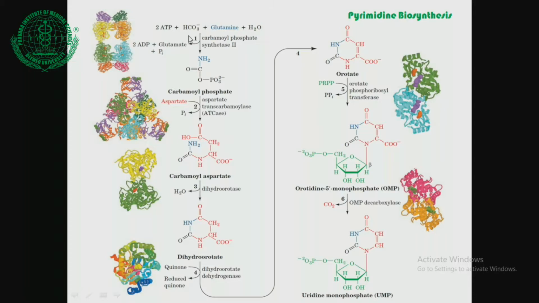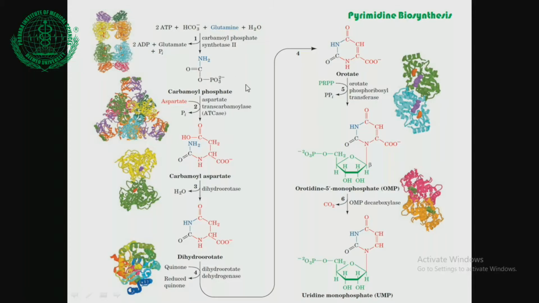Further, carboxyphosphate is turned into carbamate. A glutamine amide group is acting on carboxyphosphate, and that displaces the phosphate group and forms a carbamate. The carbamate is further phosphorylated with the second ATP phosphate group, and that gives carbamoyl phosphate. This is an active intermediate formed in the first step of pyrimidine biosynthesis.